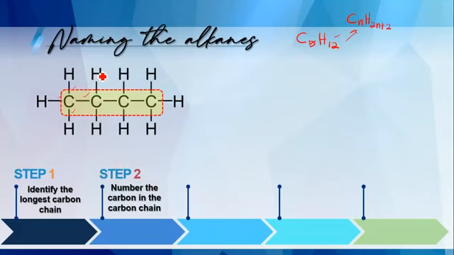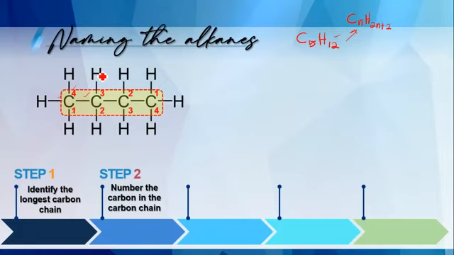Right, number the carbon atoms in the carbon chain. Maybe it's not the case for this one, but later on you will see that the numbering is quite important when you want to name the alkane or alkene, or in fact most of the homologous series. You need to know how to number the carbon atoms.